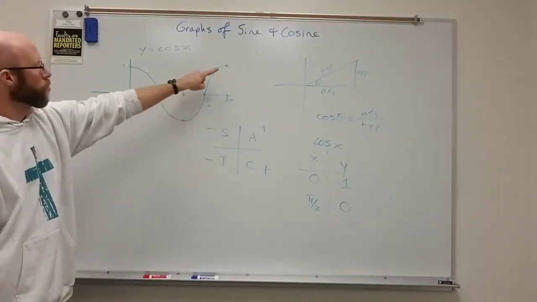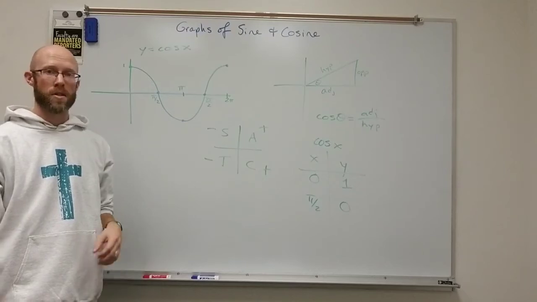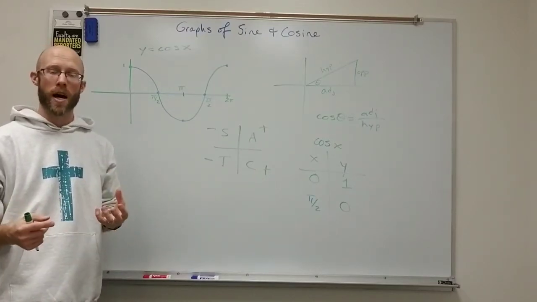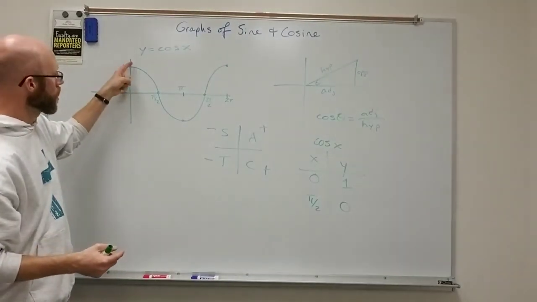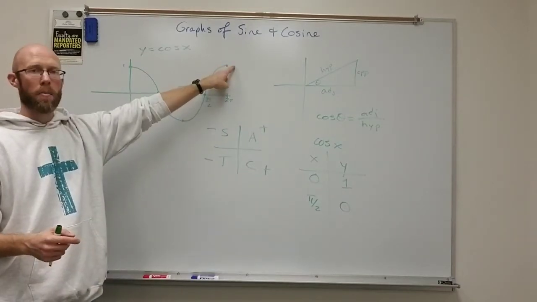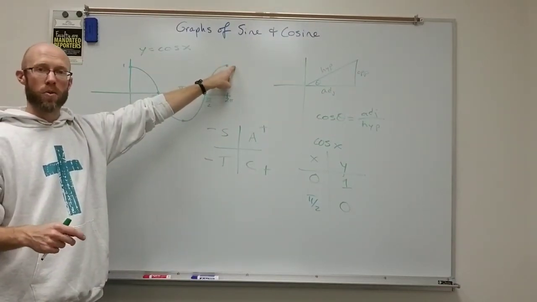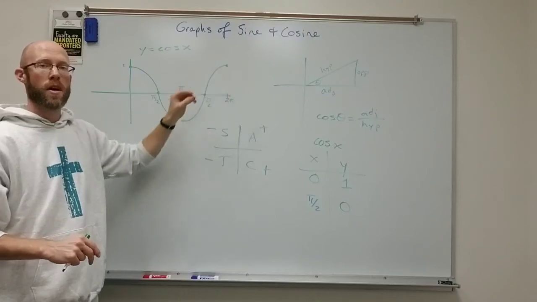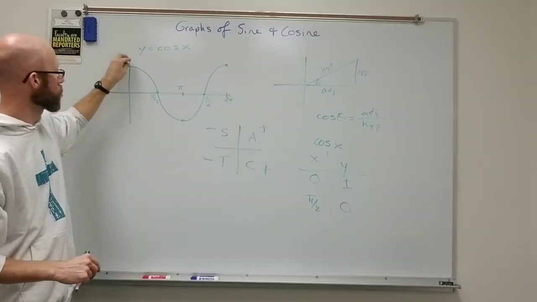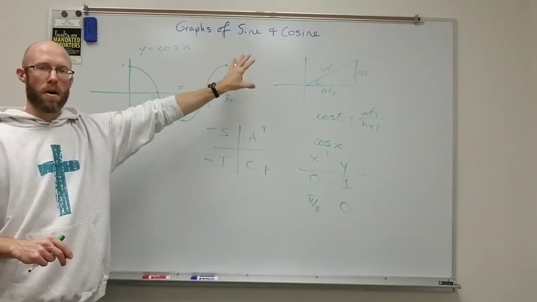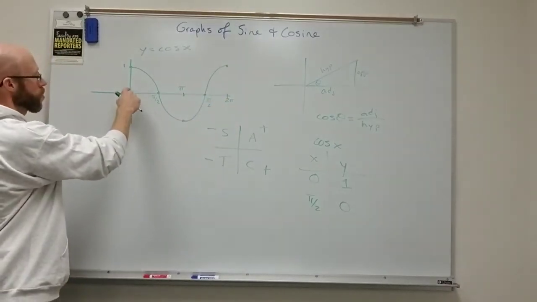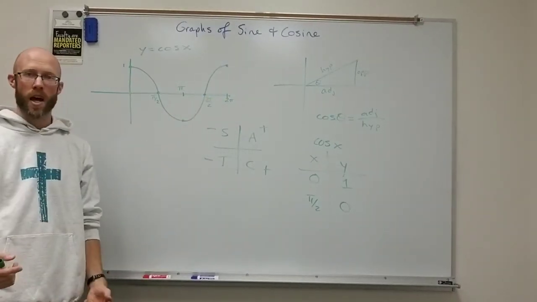And so this is what one wavelength would look like. Essentially, when you're plotting a cosine, you start at 1, go down, and then back up. And that gives you one period. So when you find your 5 key points, you trace out this pattern rather than starting at the origin and going up and coming back down like a sine.